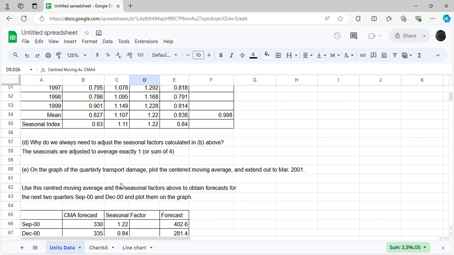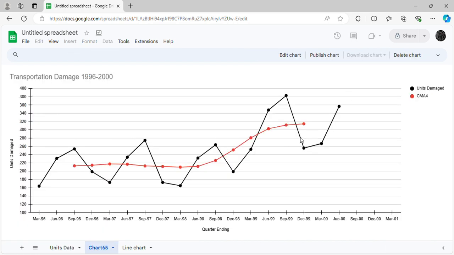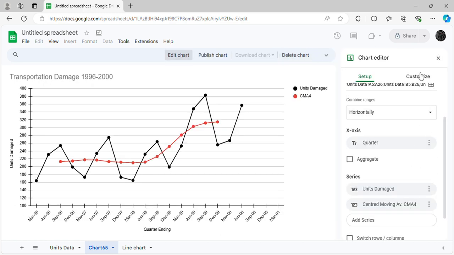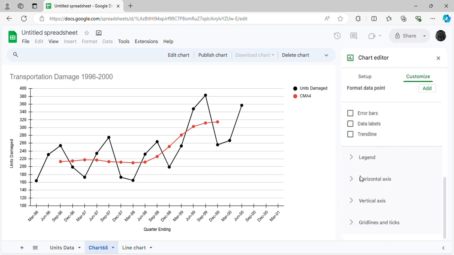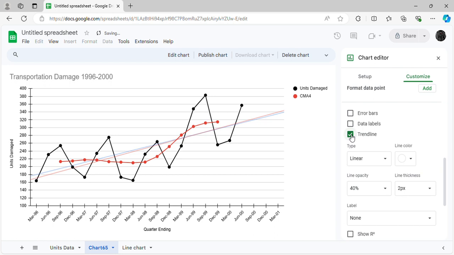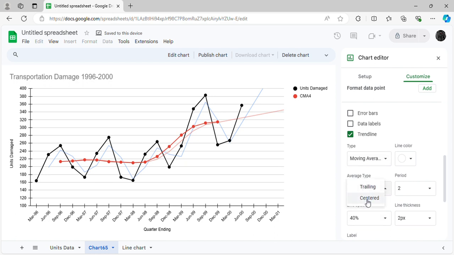On the graph of the quarterly transport damage, plot the centered moving average and extend out to March 2001. So let's extend this centered moving average to March 2001. So click on edit chart, click on customize, click on series, select trend line, type, select moving average, average type, select centered.